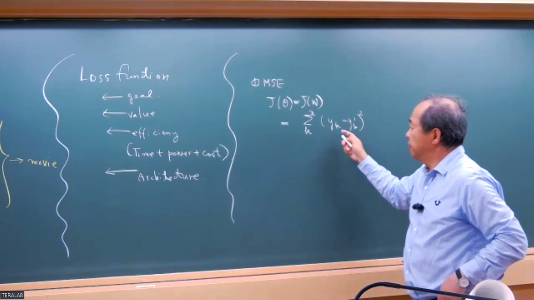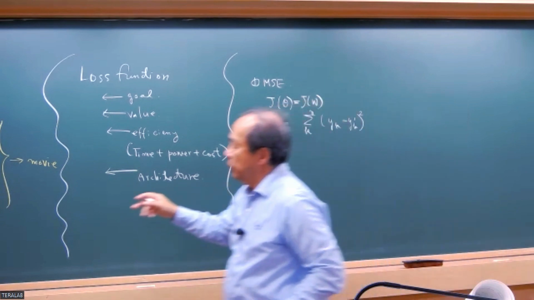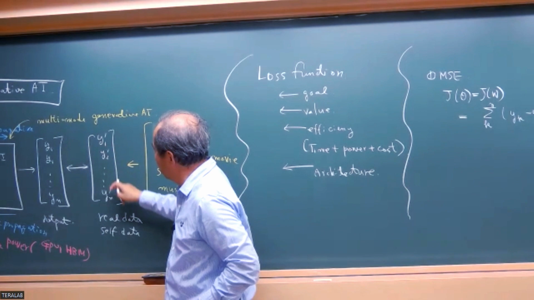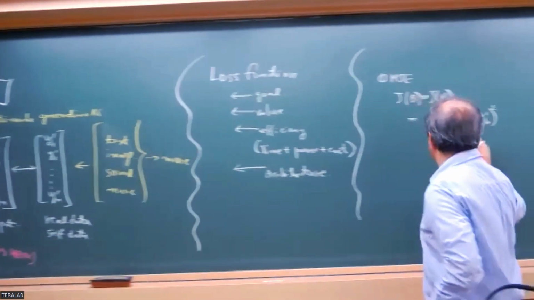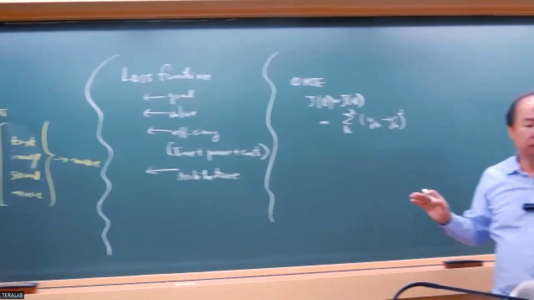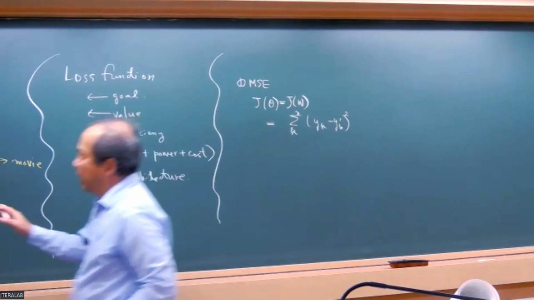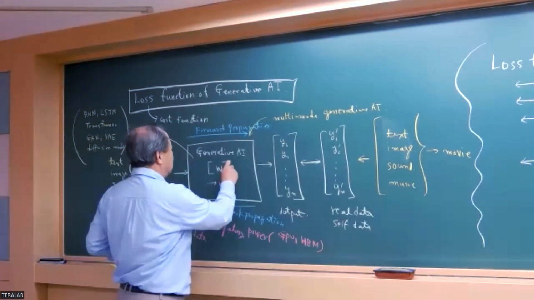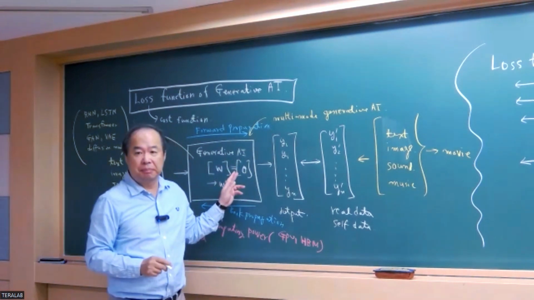the square of the difference of real data and your output, because we have n elements from y1 to yn in this output vector, we have to make a summation. In some texts, these generative AI parameters are represented by W, that is my preference. In some texts, they are using theta.